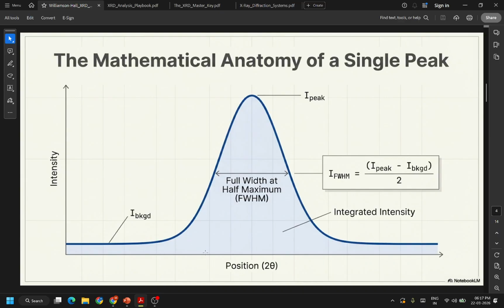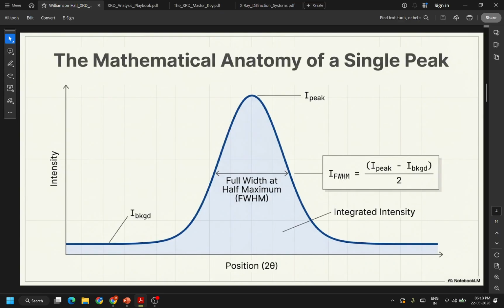Then you will have something called integrated intensity, which is the integrated area under the curve, which is what you use for your calculations, and not just I peak. Then there is I FWHM, which is the intensity at half maxima.